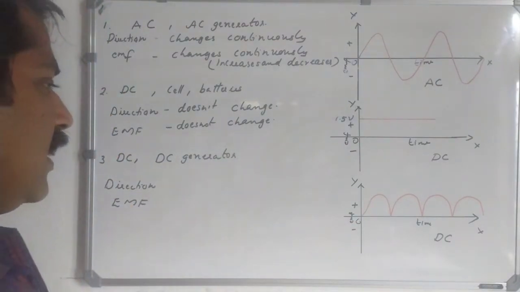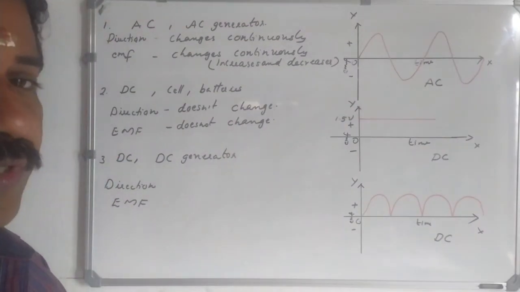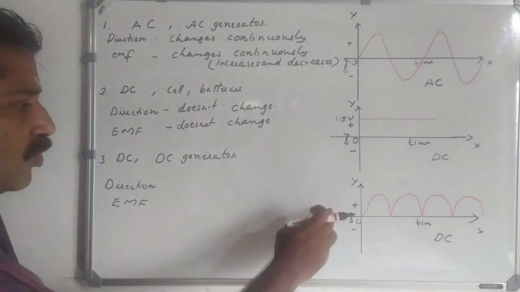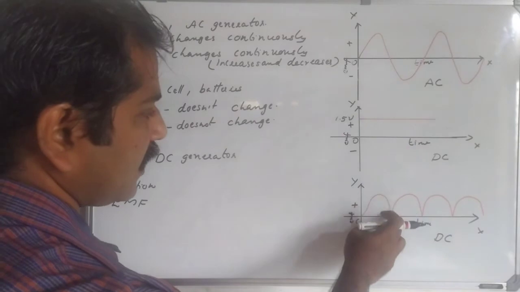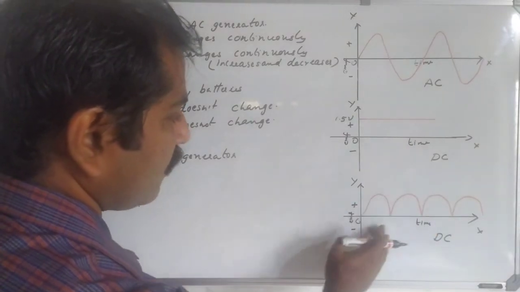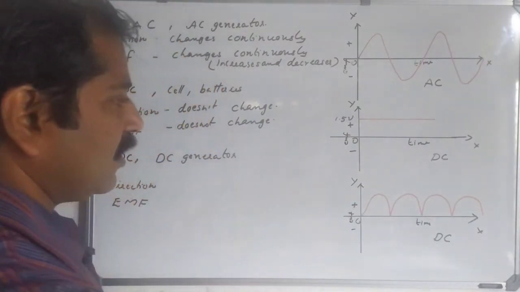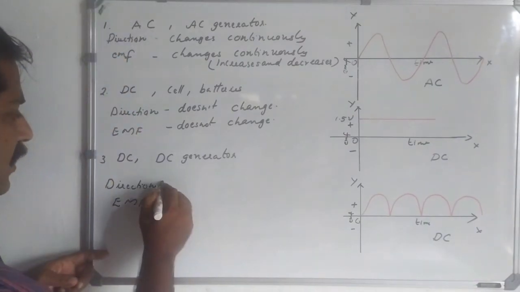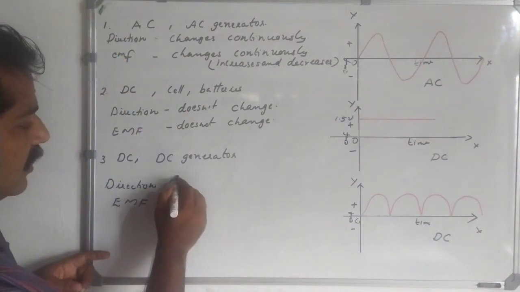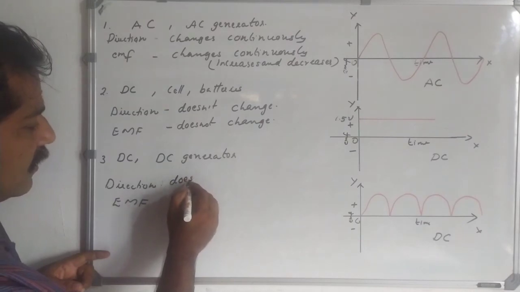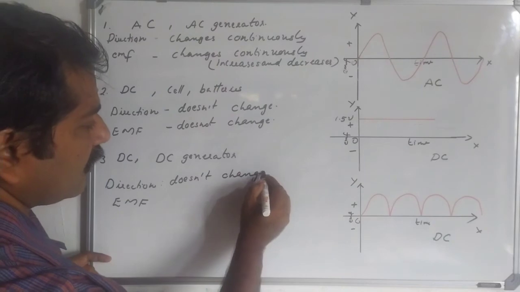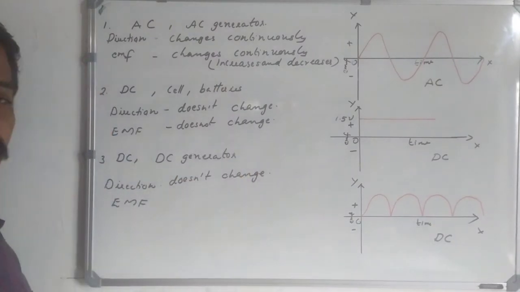So in the case of DC obtained from a cell or battery, its direction doesn't change and EMF also doesn't change. Here we have another DC source, the DC generator. When you go to the direction, the current only flows in the positive half, not in the negative half. So the direction does not change. It flows only in one direction.